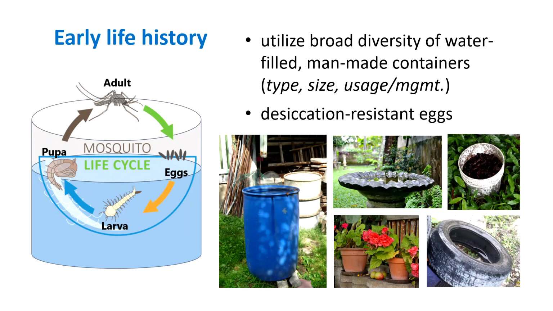And so the juveniles are mainly found in artificial container habitats, either discarded things like tires that fill up with rainwater, and a number of human-managed containers as well, like planter pots where people are adding water. So it really provides some plasticity to their seasonal phenology. They're not necessarily completely dependent on rainfall.